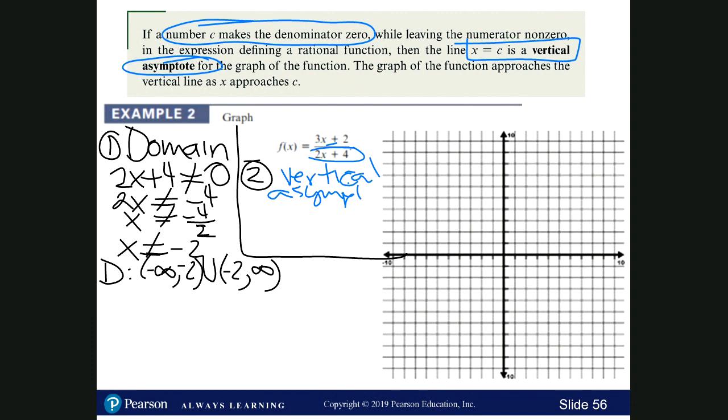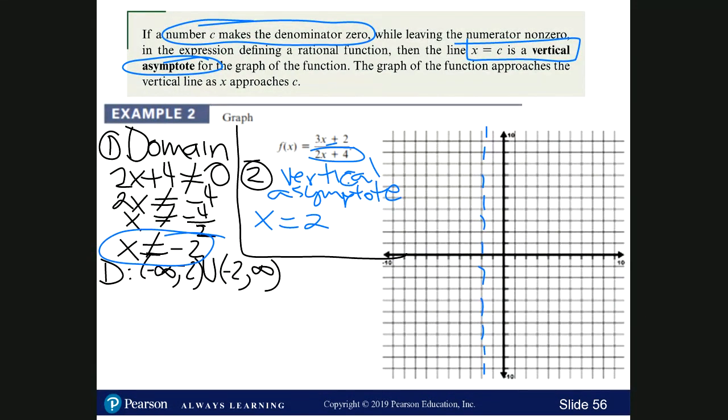And for that, it will be the same number that we excluded from the domain, which will be x equals negative 2. So let's go ahead and graph it here. And it needs to be a vertical line going across x equals negative 2. And I'm drawing a dash because it's not actually part of the function, it is what the function cannot touch.